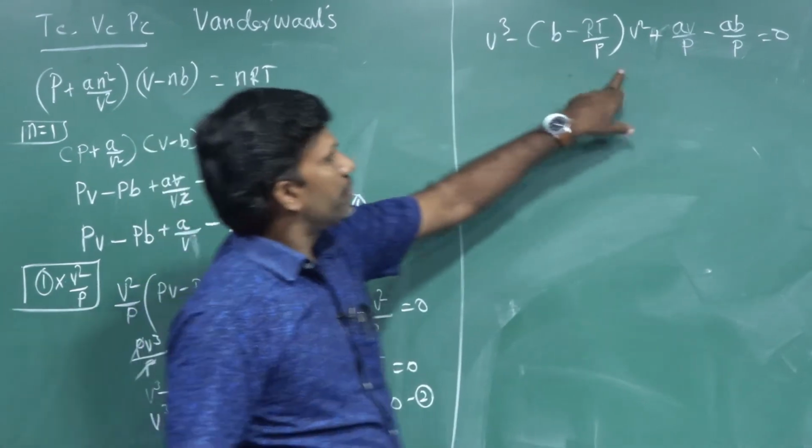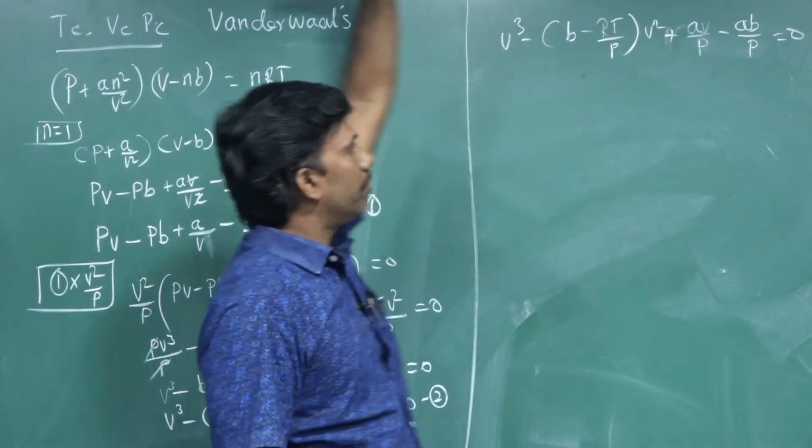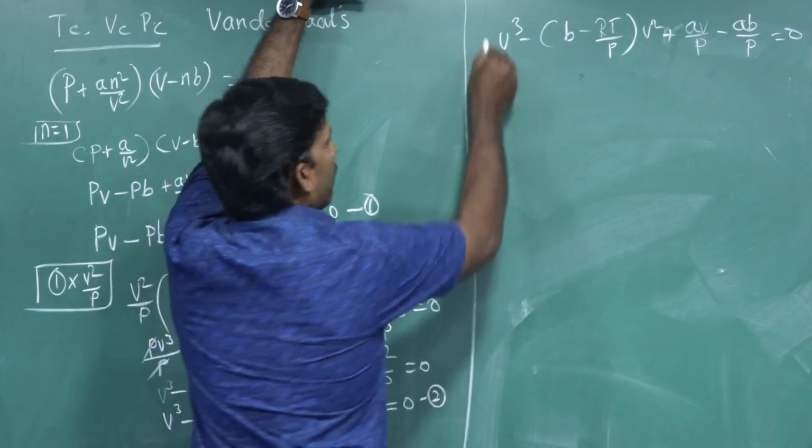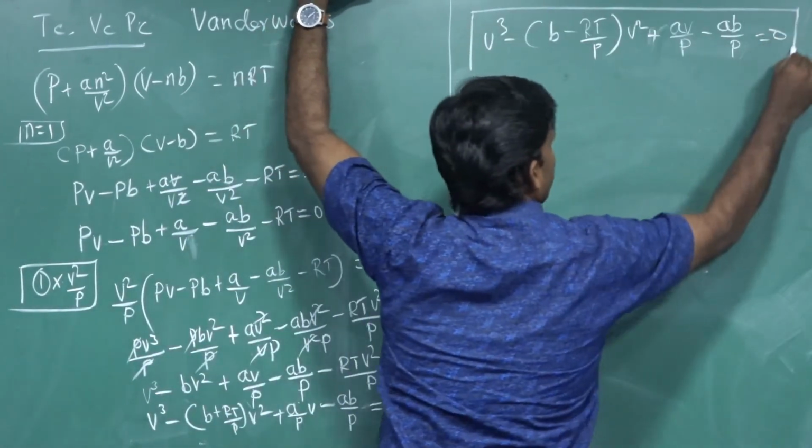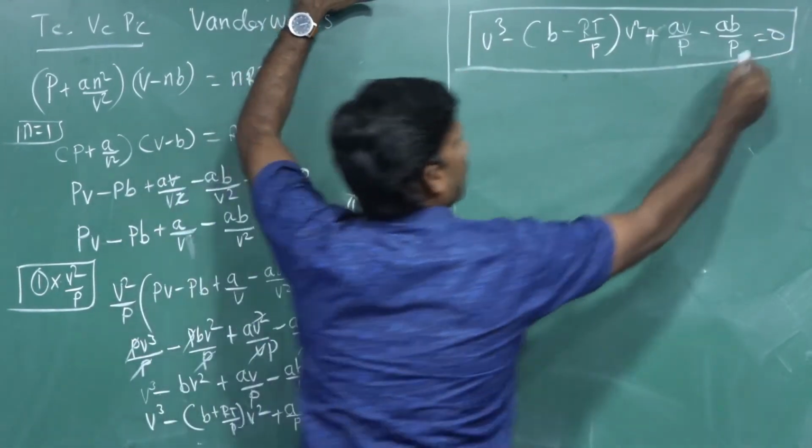So V cube, V square, V, and constant equal to 0. Let it be equation number 2.